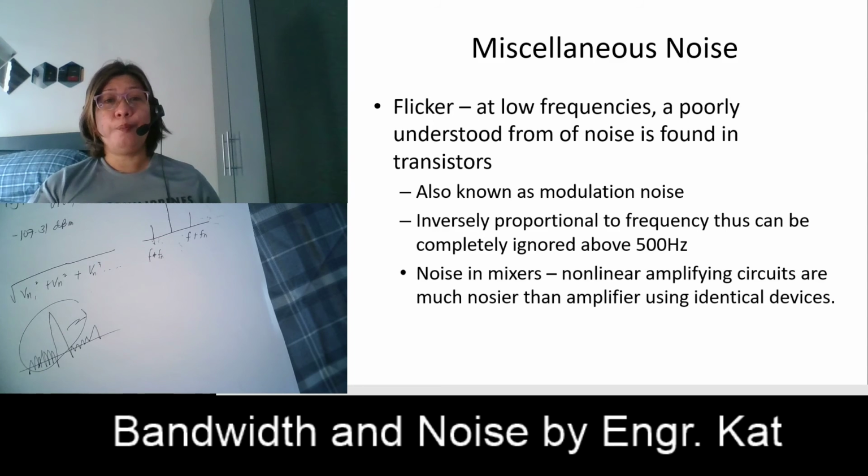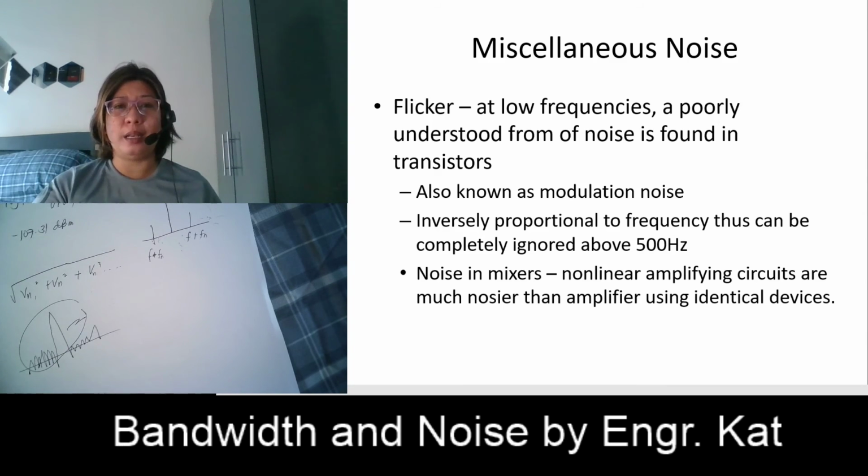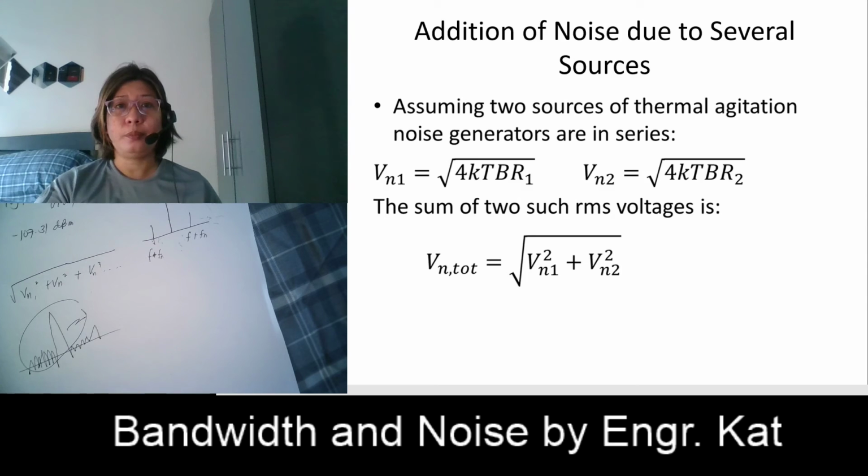Okay? So, noise in mixers and nonlinear amplifier circuits is much noisier than an amplifier using identical devices. Okay, so for the addition of noise due to several sources, assuming two sources of thermal agitation noise generators are in series, we take the square of each, add them, and then take the square root.